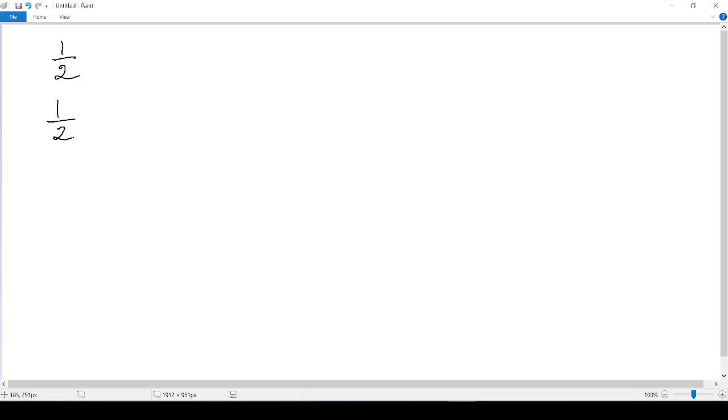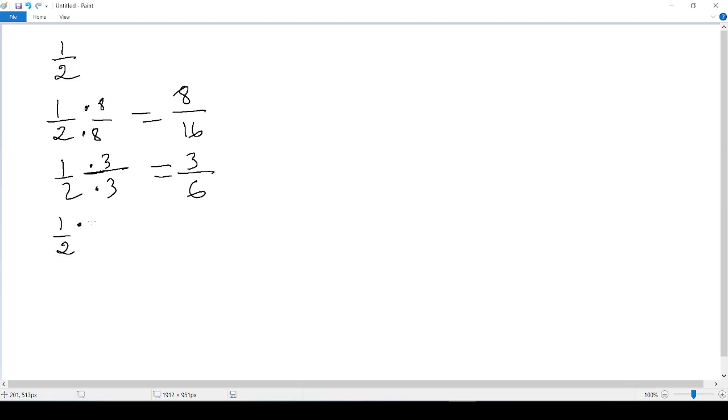So let's go. Some equivalent fractions of 1 over 2 are: 1 over 2 times 8 over 8, 8 over 16; times 3 over 3, so you have 3 over 6. We said we multiply top and bottom with the same number. So let's keep going. 1/2 times any random same number, 30 over 30, and we have 30 over 60.